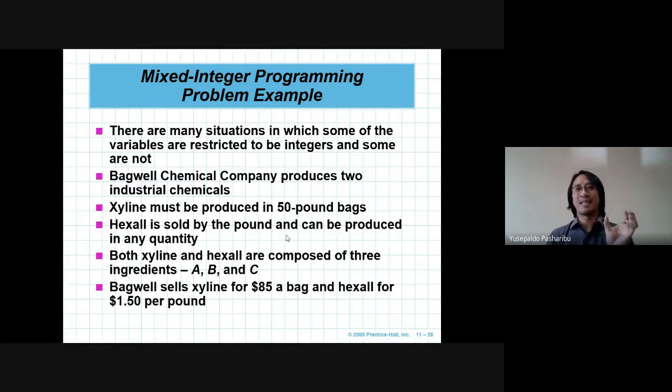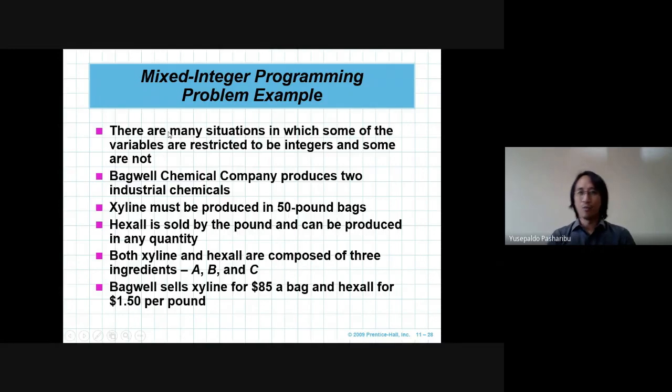Because one result must be in integer and the other one can be in non-integer, real or decimal, this case is considered as the second type of integer programming, that is mixed integer programming.